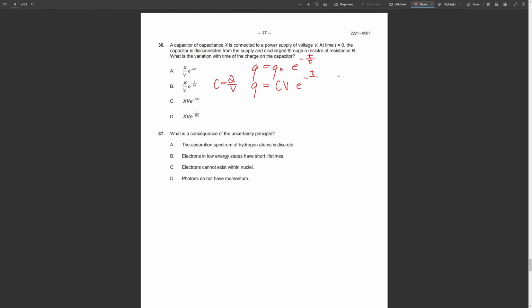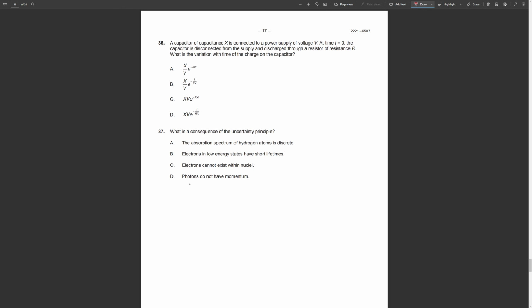Tau is the time constant of the system. Its numerical value is calculated as the resistance times its capacitance, so you can put R times C here. Lastly, we substitute the numbers and the symbols given by the question. We have capacitance defined as X, so we have Q equals XV times e to the power of negative t over Rx. The answer is D.